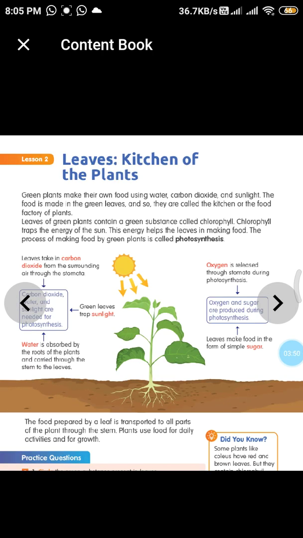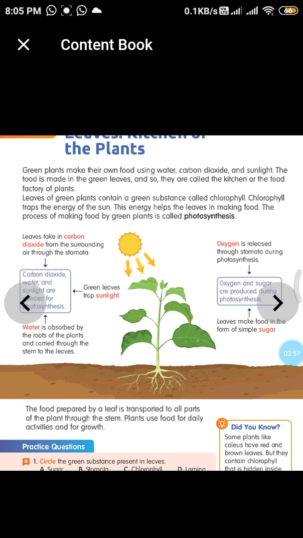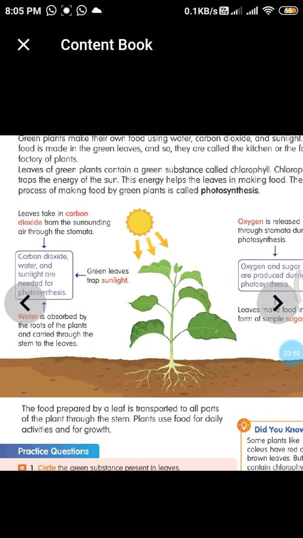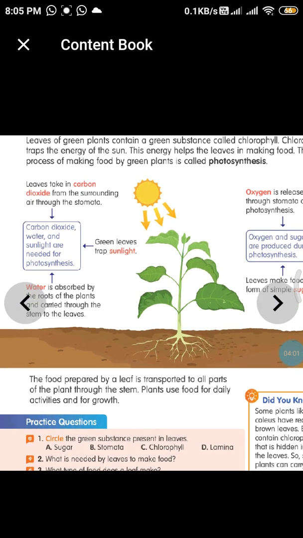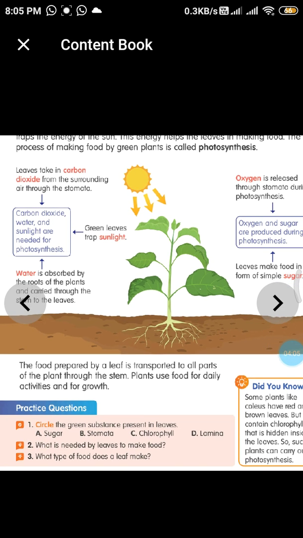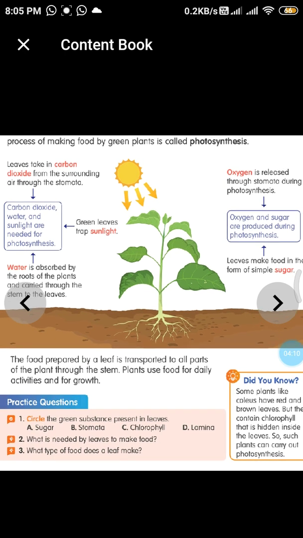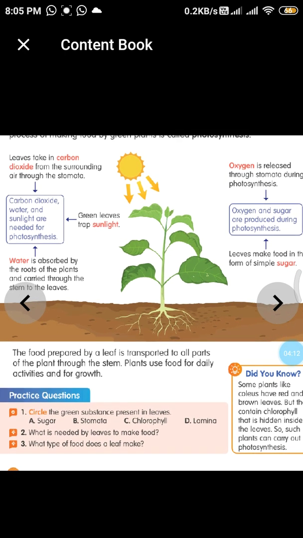So children, here you can see leaves take carbon dioxide from the surrounding air through the stomata. You know stomata means small tiny openings. Carbon dioxide, water and sunlight are compulsory for preparing food in plants.